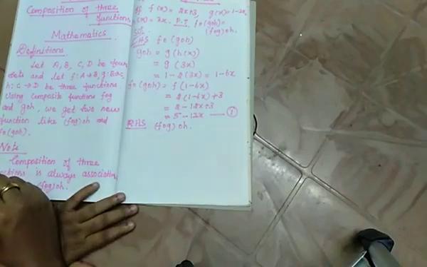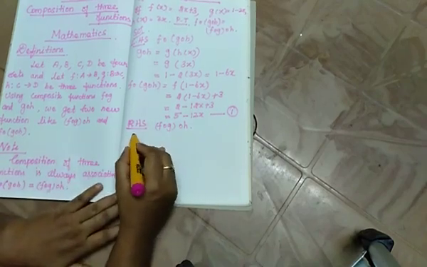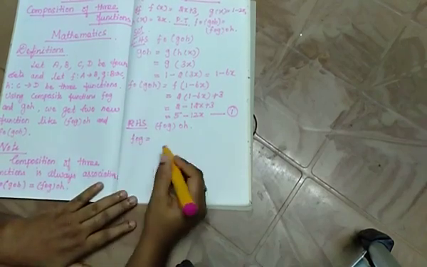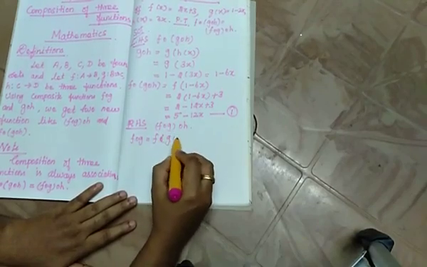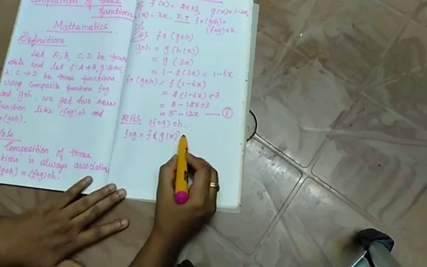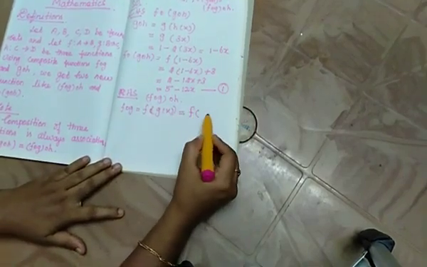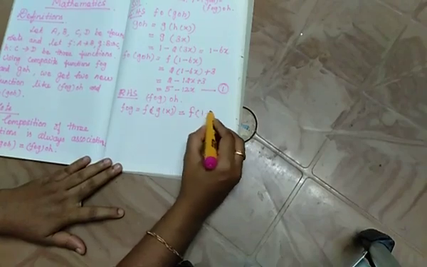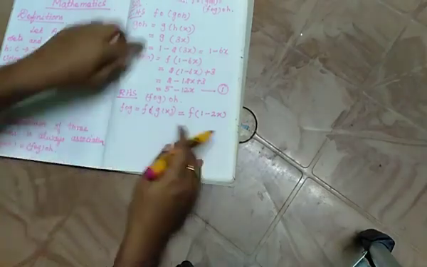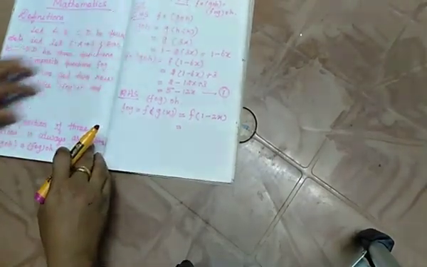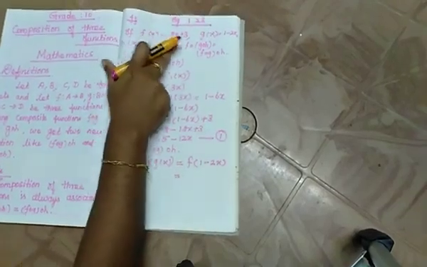First, what is in the bracket? f of g, we can write it as f of g of x, which is equal to f of, what is g of x? 1 minus 2x. Now f of x is equal to 2x plus 3.